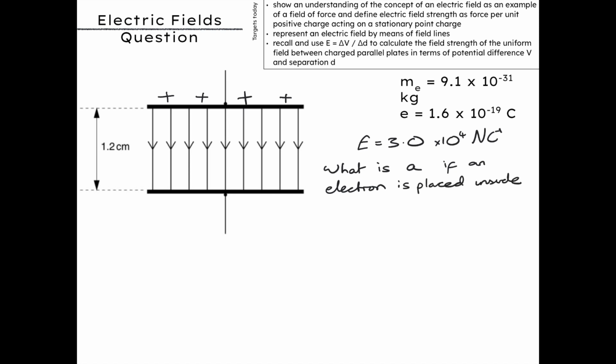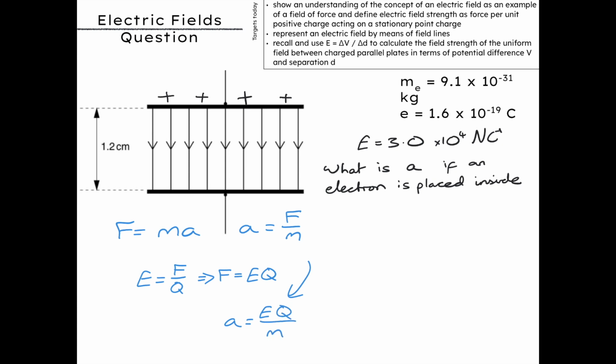Well, F equals ma, so a equals F divided by m. And from E equals F over Q, we have F equals EQ. So a equals EQ over m, which is 3 times 10 to the 4 times 1.6 times 10 to the minus 19 divided by 9.1 times 10 to the minus 31.